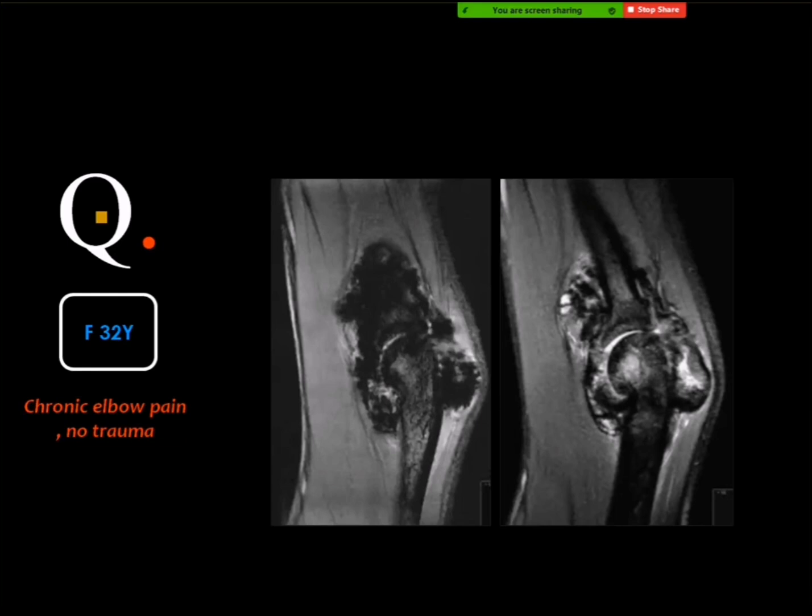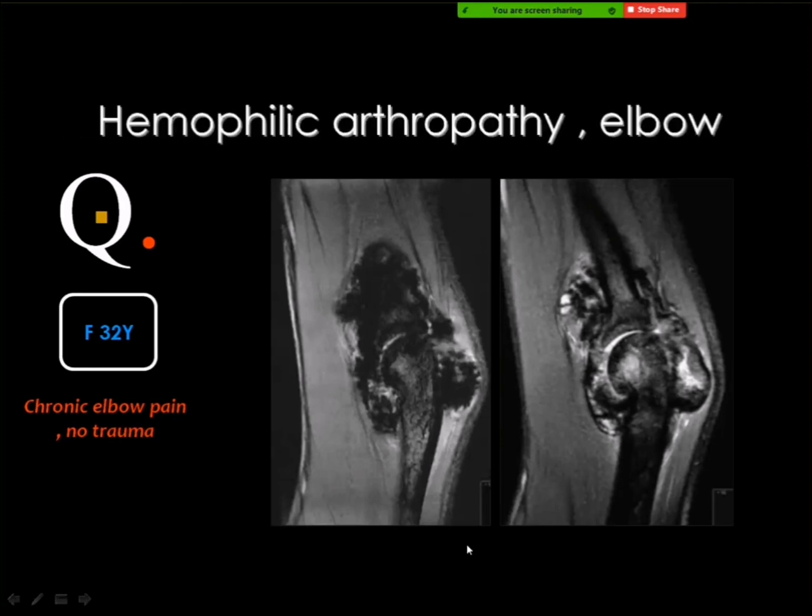This is the elbow joint, and you got extensive low signal lesions within the capsule. Pigmented villonodular. Yes, there are two possibilities here: hemophilic arthropathy and pigmented villonodular synovitis.